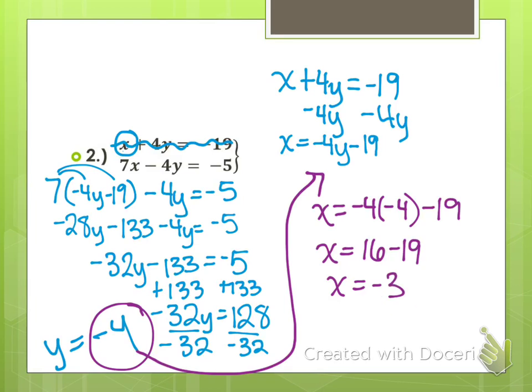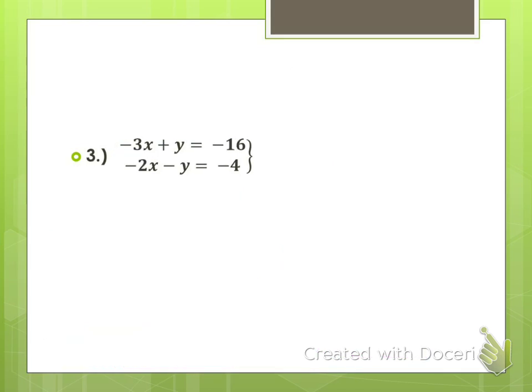Last step is to write my answer as an ordered pair, which in this case would be negative 3, negative 4. Questions about number 2? Nothing? Okay.